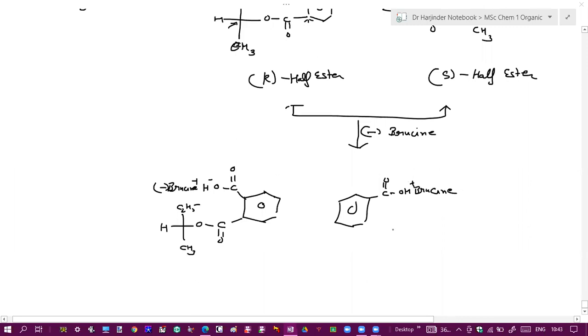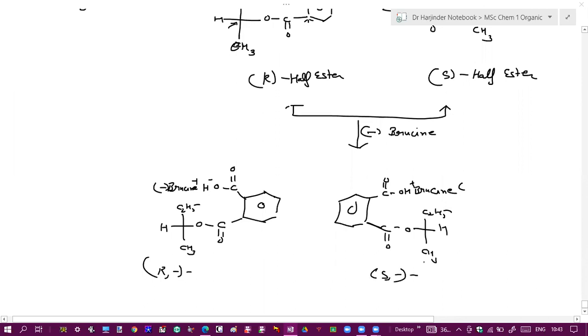And at this position, so it's a negative brucine, I can write over here. And over this position, it will remain same. So here it was R, so you get R negative, and here it was S, so you get S minus.